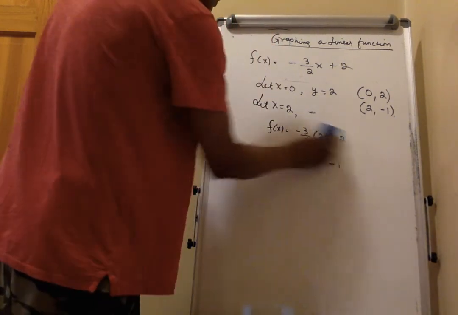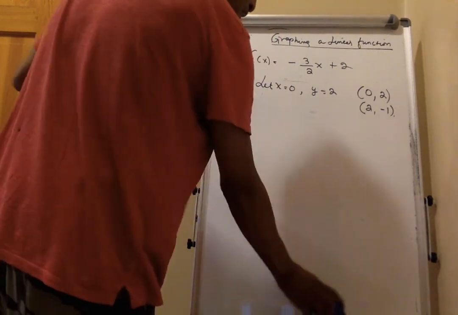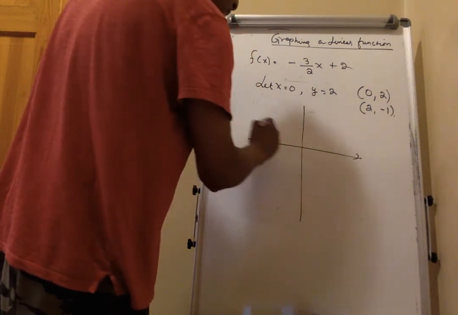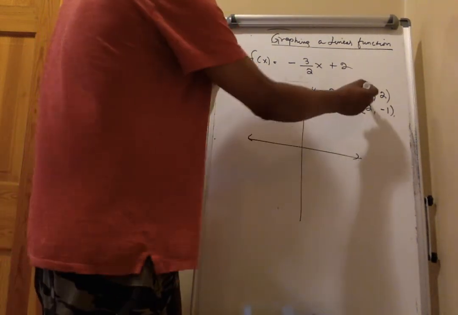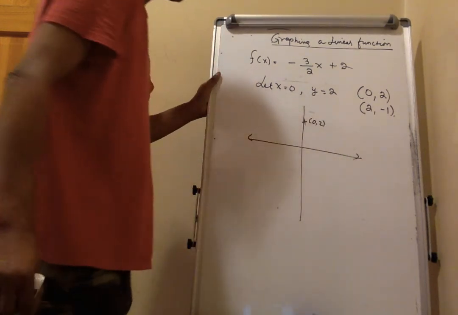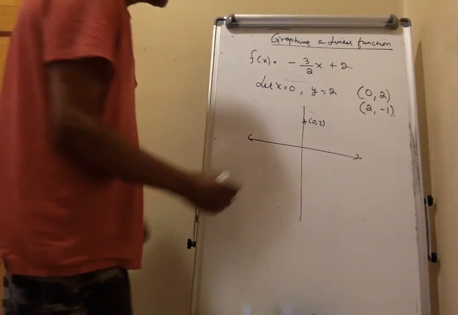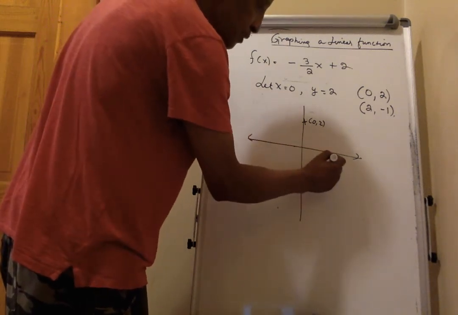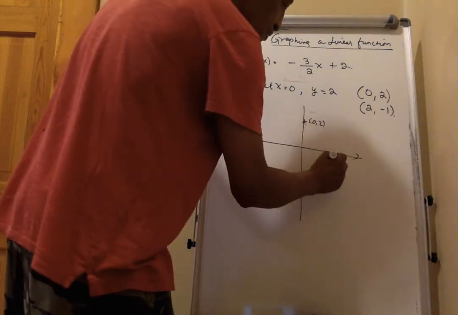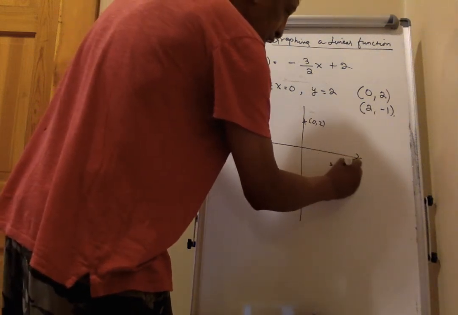So go ahead, you're going to sketch. Your 0 and 2 is right here. And then your 2 and negative 1 is somewhere around here. It's in the 4th quadrant. So you have 2 and negative 1.